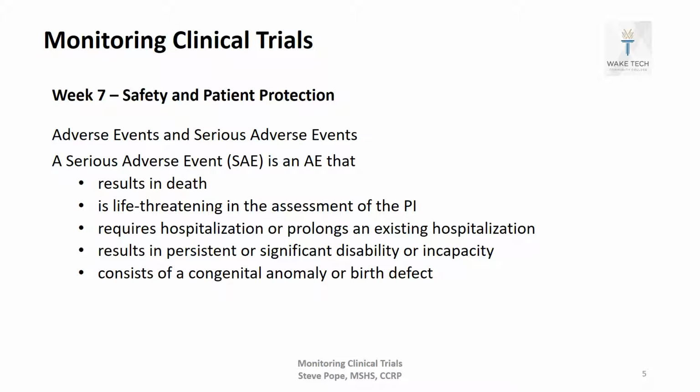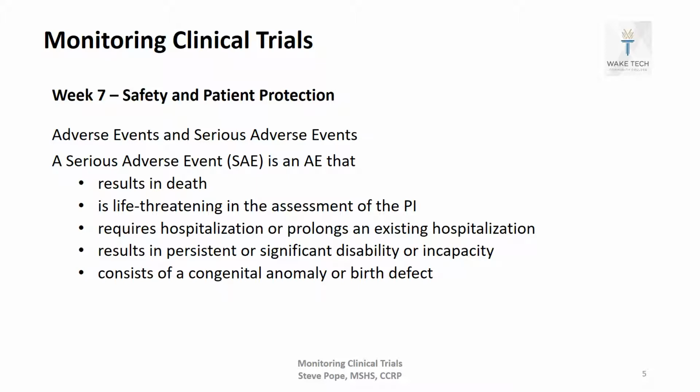It could be an adverse event that requires hospitalization or prolongs an existing hospitalization. It could be an adverse event that results in a persistent or significant disability or incapacity. And then finally, it could be an adverse event that consists of a congenital anomaly or birth defect.